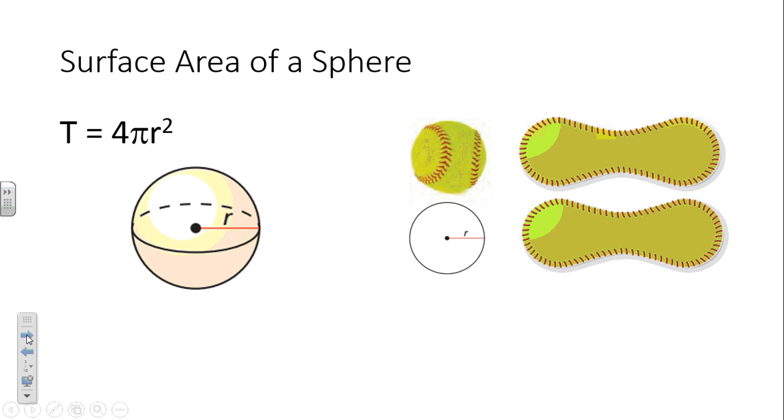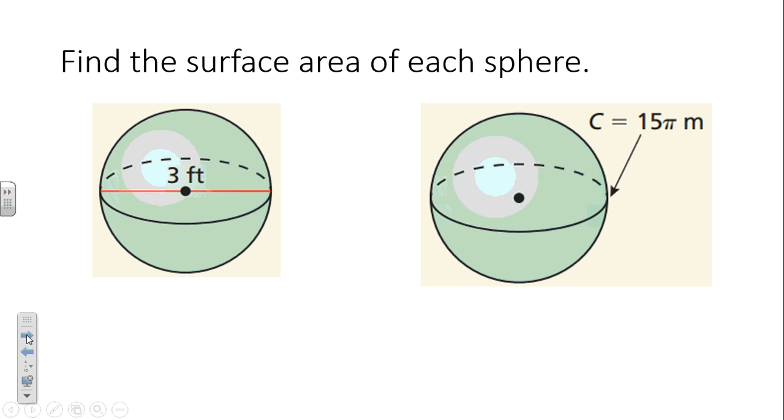So everybody has that down? Okay, so the next thing we're talking about then is how to apply this. If they ask you to find the surface area of these spheres, the first one has, first of all, what's the formula? 4 pi r squared. So what's the radius of the first one?